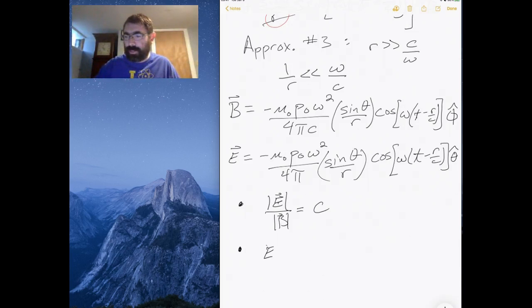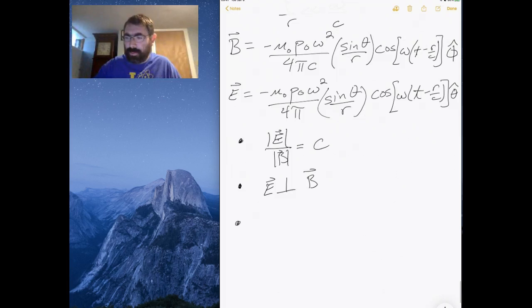So we can make the claim that the electric field and the magnetic field are perpendicular to each other, which is what we've come to expect in our study of electromagnetic waves. The third thing, which is a little bit more subtle, is that both of them are in phase with each other.